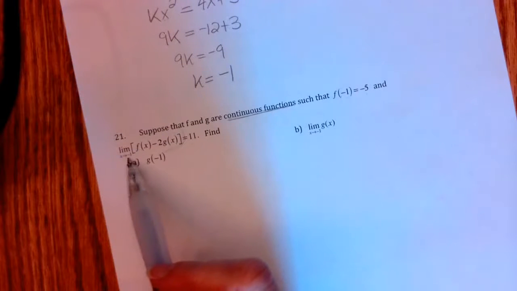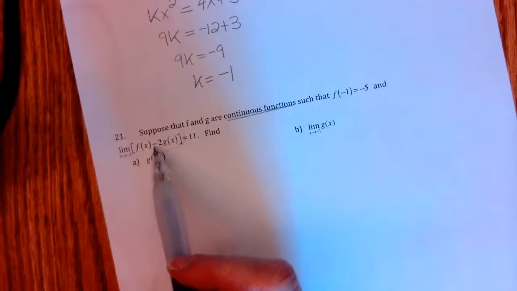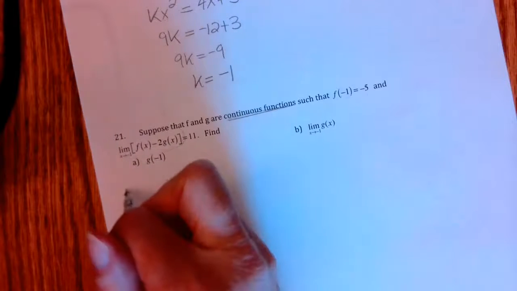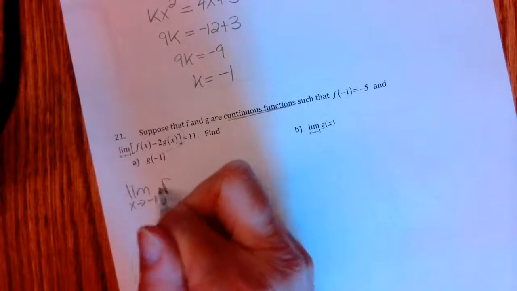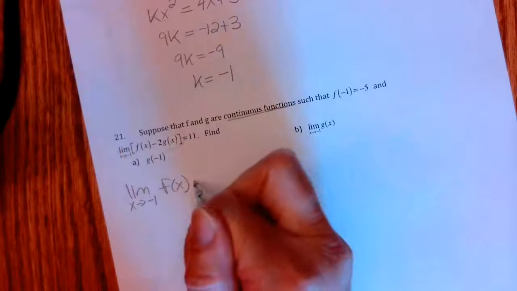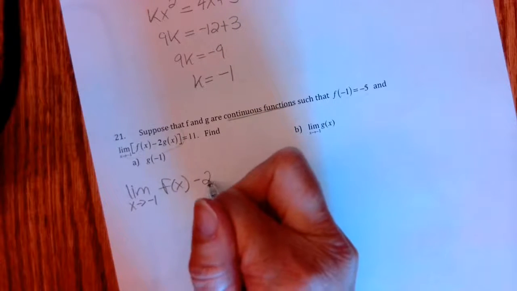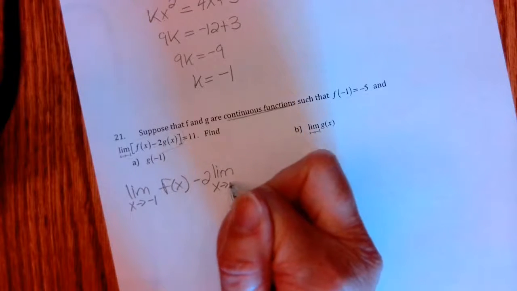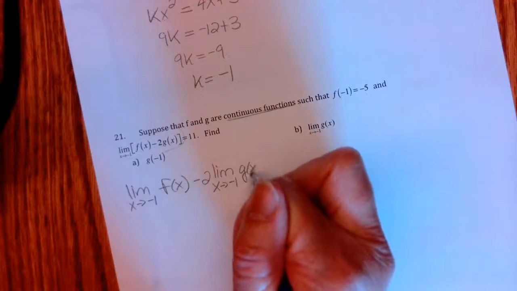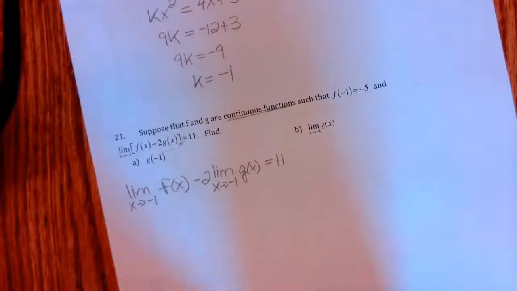So when I'm looking up here, I'm going to use my difference rule with my limit and say that the limit as x approaches -1 of f of x minus 2 times, that's the constant multiple rule, the limit as x approaches -1 of g of x should equal 11.